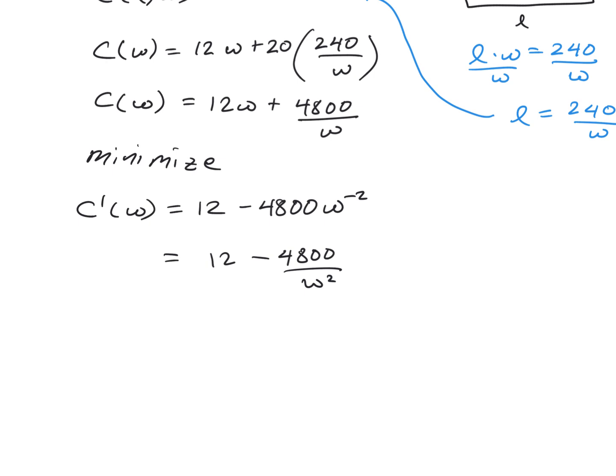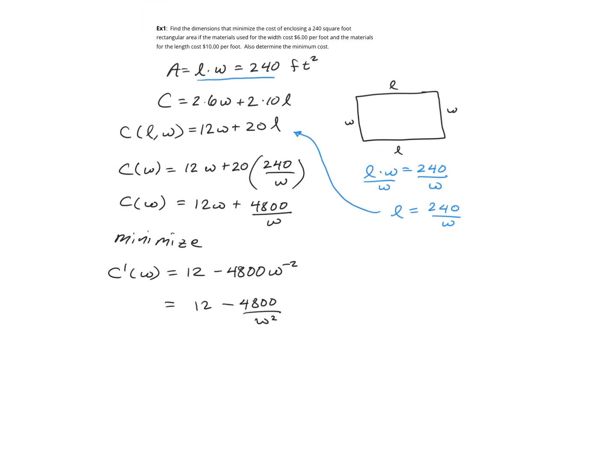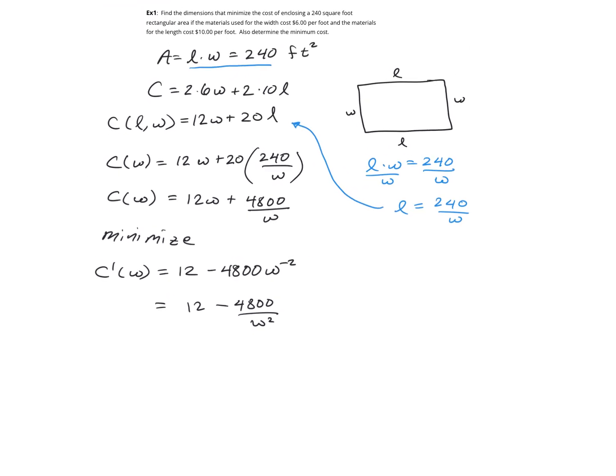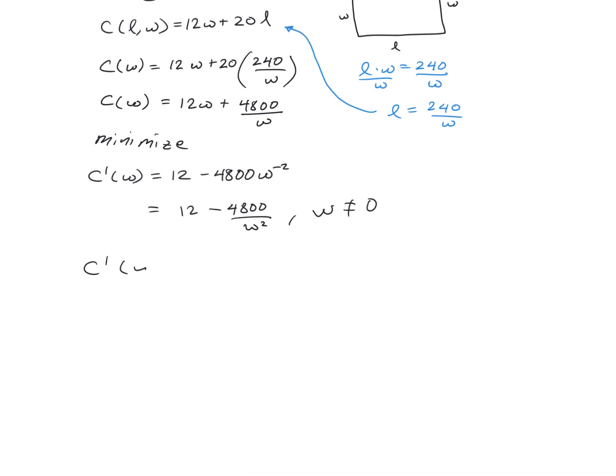You'll notice that it could be undefined when W is equal to 0. But this whole problem more or less implodes if W is equal to 0, because if that happens, there's no way you can have an area of 240 square feet. So we know that W is not equal to 0. But this derivative can be equal to 0.